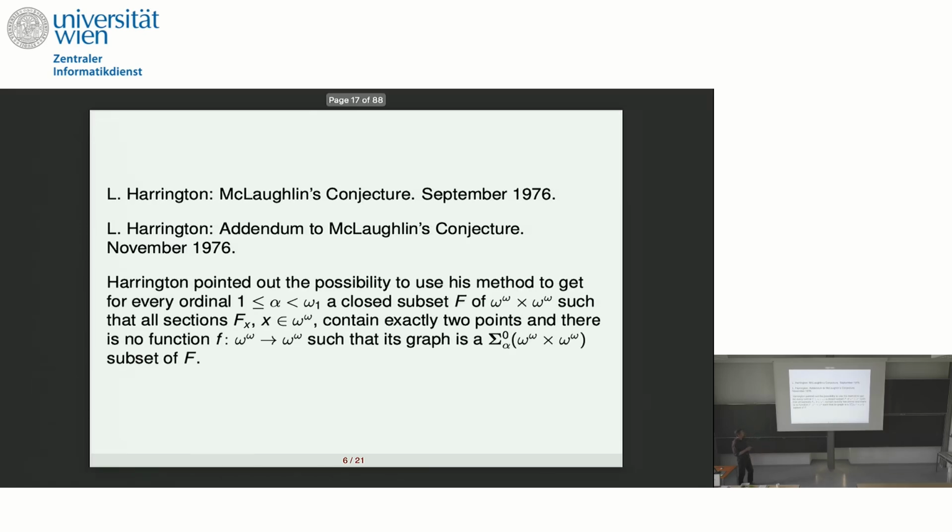The second one is just a one-page note, and one can find more or less here that the method from this paper can be used to prove that for any ordinal alpha, there is a closed set F in the product of two Baire spaces, such that all sections contain exactly 2 points, and there is no function f such that its graph is a sigma 0 alpha subset of F.